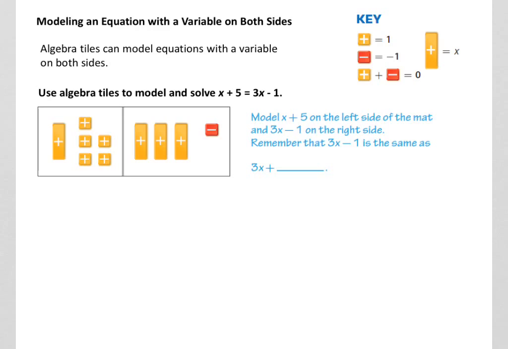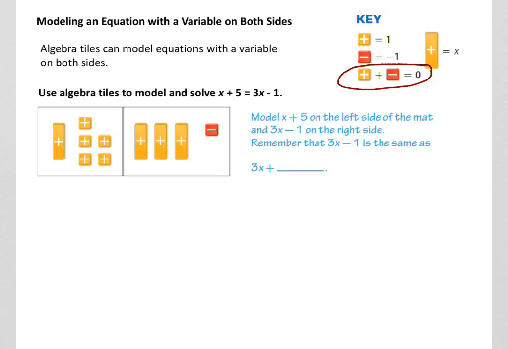So let's get into modeling an equation with variables on both sides. We want to use this algebraic tile model to take a look at this equation. I put a little key up at the top for you. The key says if we have a small block with a plus on it, that means a positive 1. And if we have a small block with a negative on it, that's a negative 1. What we're trying to do when we solve these is come up with zero pairs.